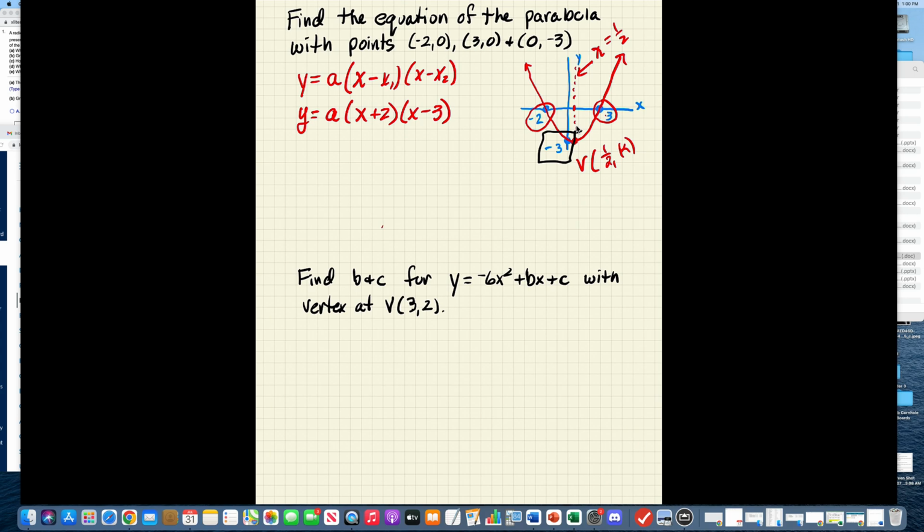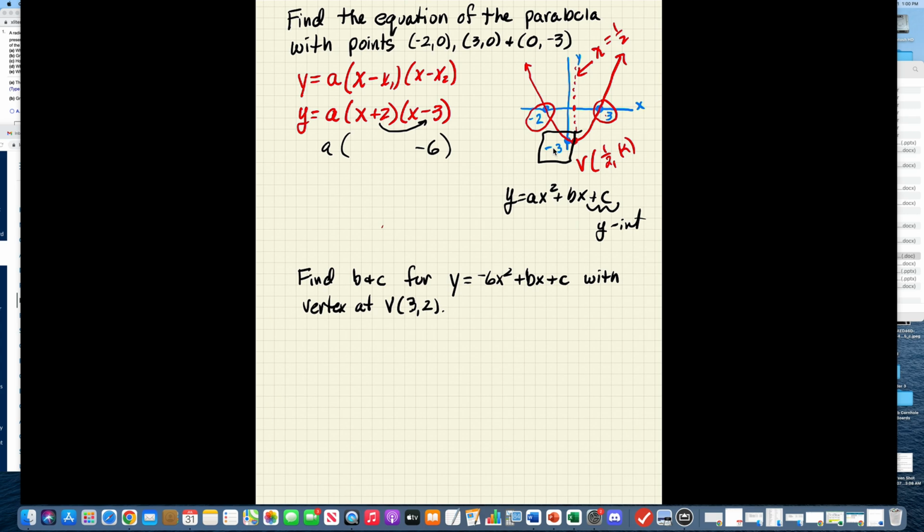So we know that if we wrote out the equation as y equals ax squared plus bx plus c, that's my y-intercept value. So I'm going to say my c has to be -3. So if I were to multiply these two values together, that's a -6.